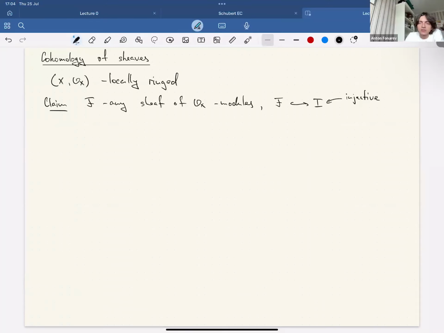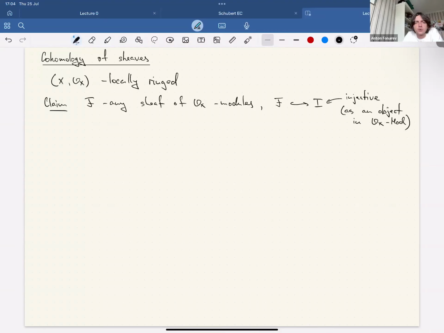And I recall that injective means specifically, as in any abelian category, as an object in the category of O_X-modules. So these are not quasi-coherent.